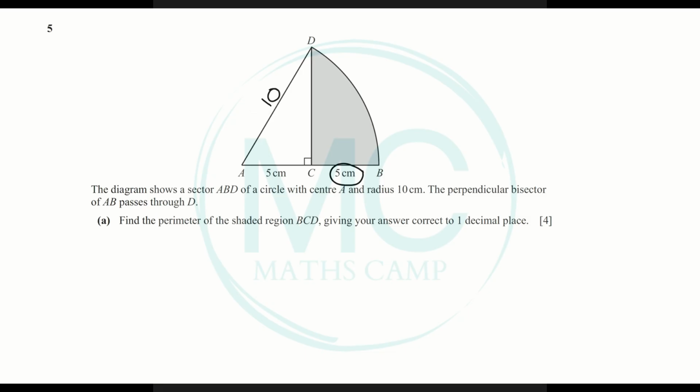We're going to use this to find the length of CD, and we can use Pythagoras. So we can say that CD is equal to the square root of the hypotenuse, 10 squared, minus AC, 5 squared.